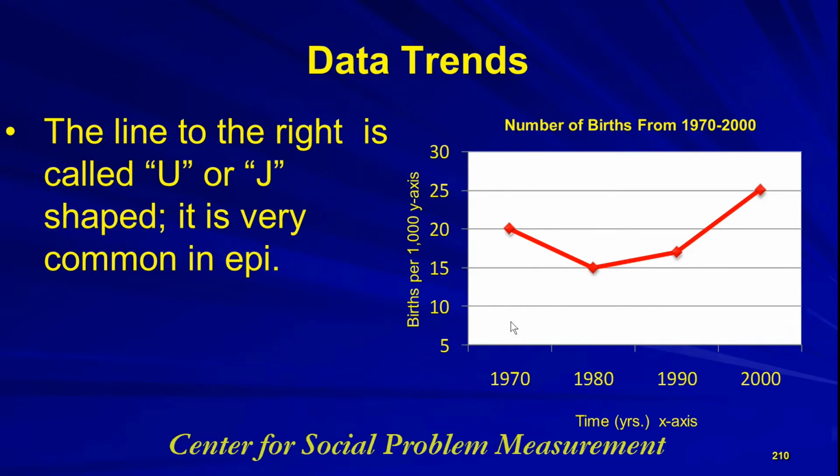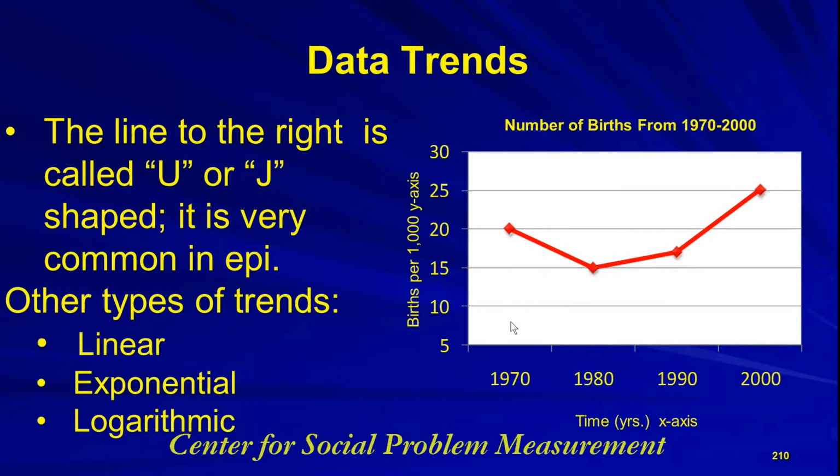Now, as I say, these are generally the trends that we notice with various behaviors in epidemiology, and if asked to guess, what would you say about the data over time, especially with a rate that covers annual periods or decades, is that it would be either U or J-shaped.